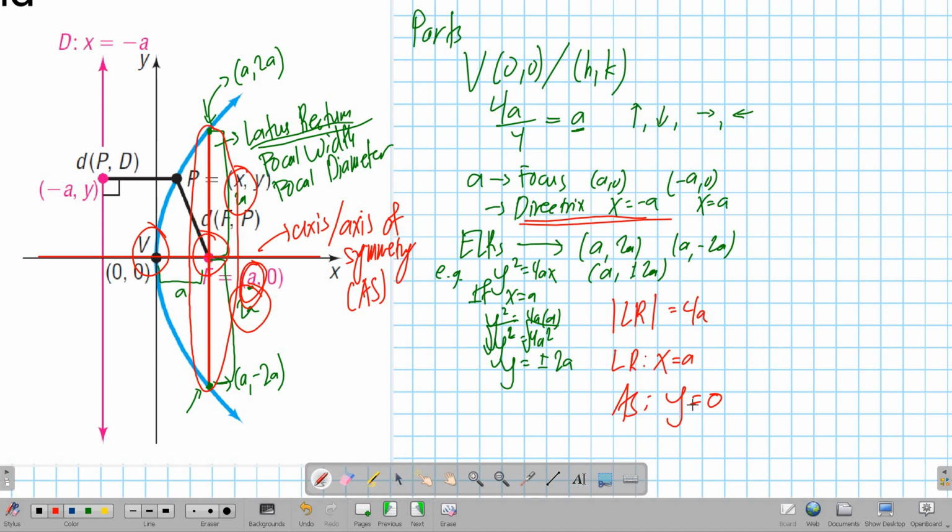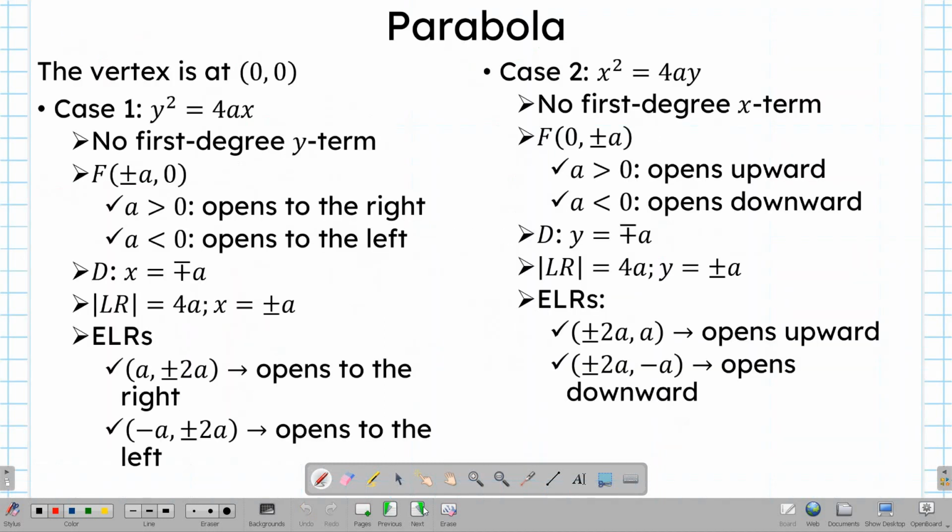As you might have heard, I always say it depends because we have four equations for the standard form. And even though we can use this to analyze, if you prefer formulas, here is the set of formulas. For the first one, if the vertex is at 0, 0, we have the case where it opens horizontally.